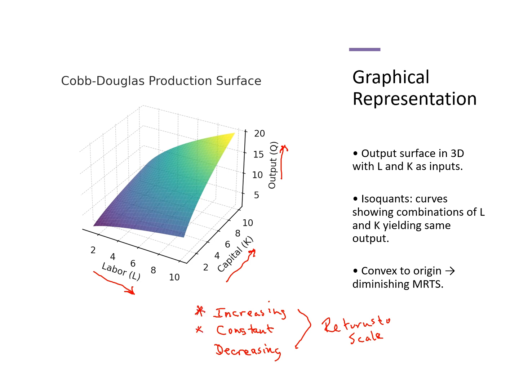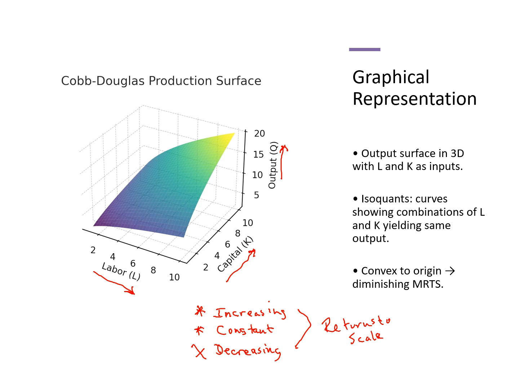Constant returns to scale is not bad, but if you have decreasing returns to scale, that means you are becoming less efficient, and you may have to reduce the number of employees, reduce your labor, or reduce machines or capital.